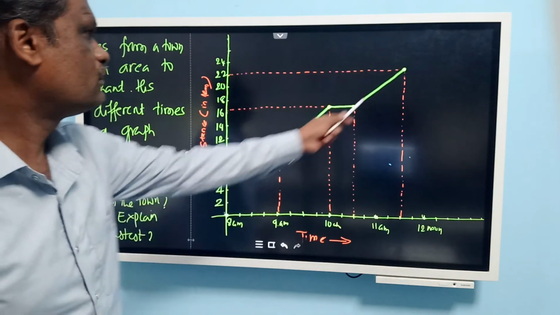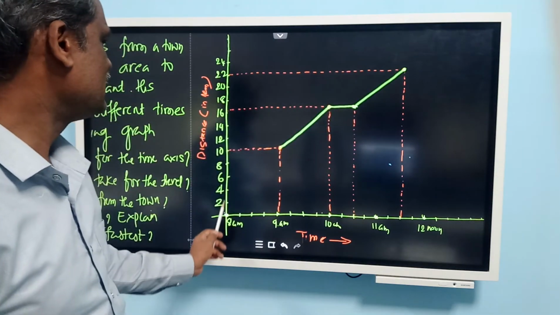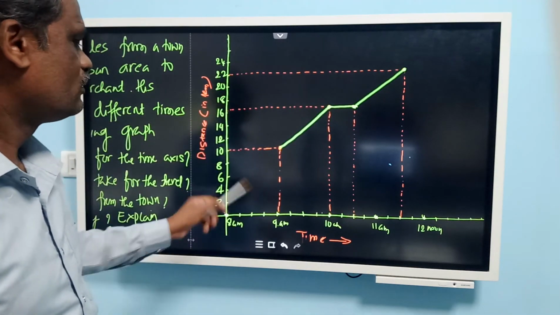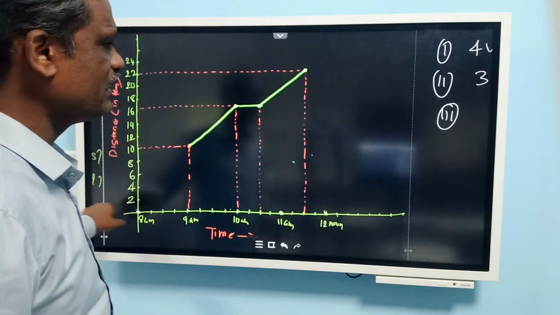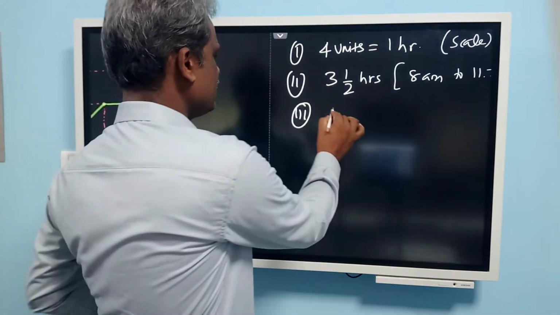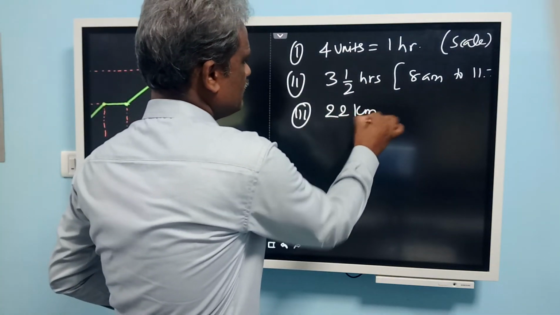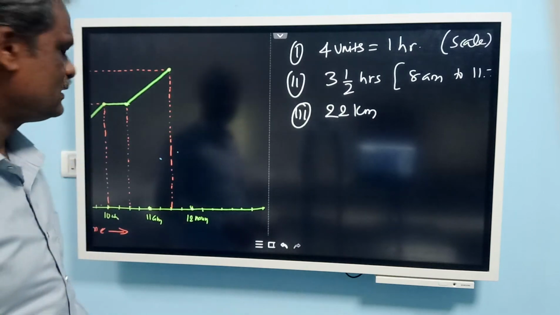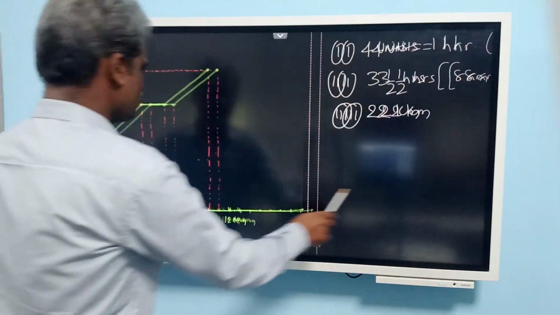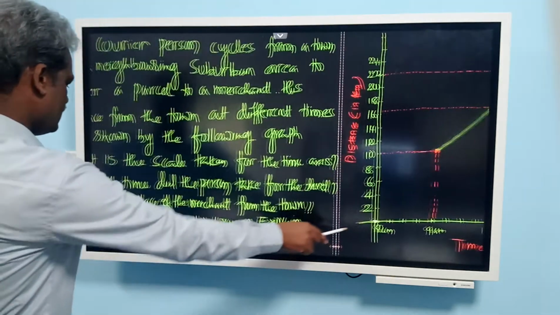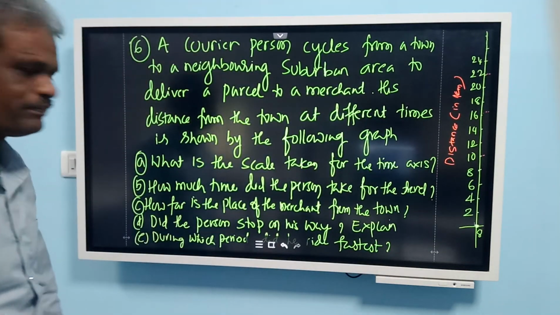From here to here, how much distance do we cover? 22 kilometers. You can write here 22 kilometers. So the merchant is at 22 kilometers from the town.